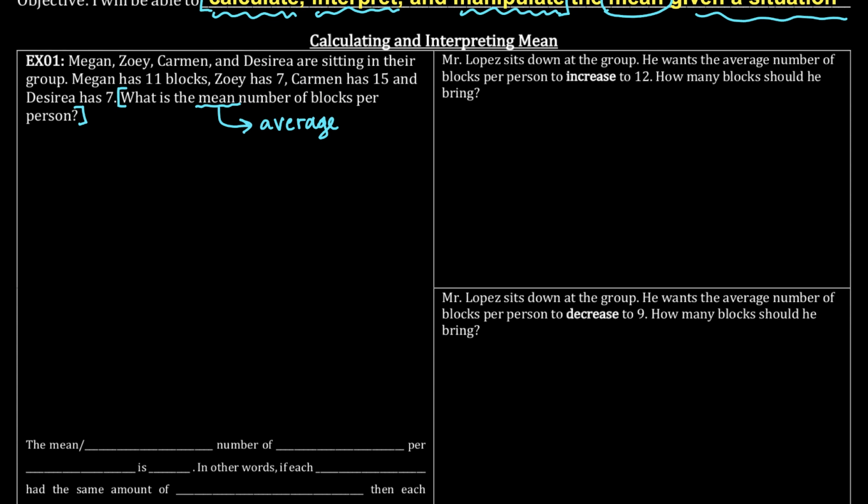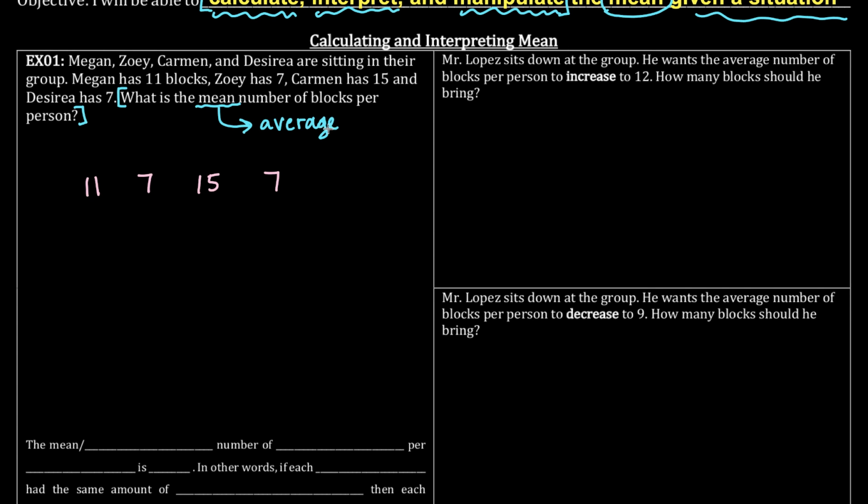So I'm going to go ahead and write these numbers down, okay? So Megan has 11 blocks. Zoe has 7. Carmen has 15. And Desiree has 7. This is how many blocks they have each, right?